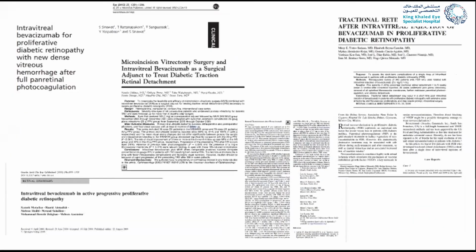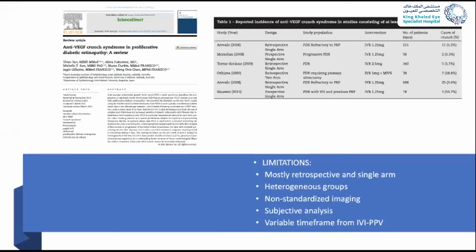Now, these findings that Arevalo reported caused significant concern amongst clinicians, and over the following years, many reports came out documenting the incidence of this crunch effect, specifically in PDR. Last year, a review article published by Tan and collaborators focused on all of these previous reports.